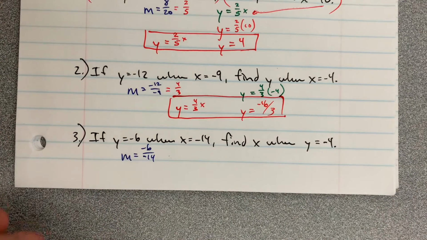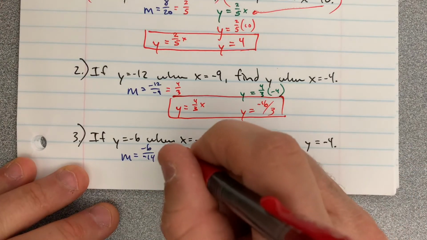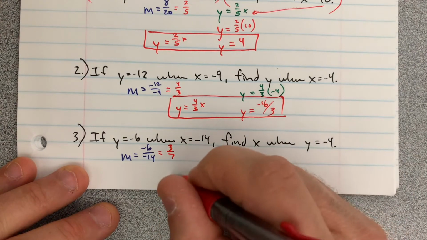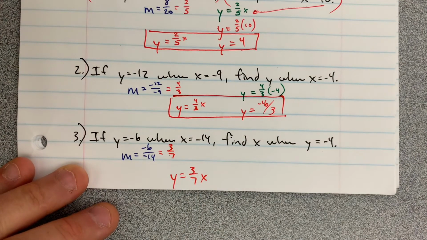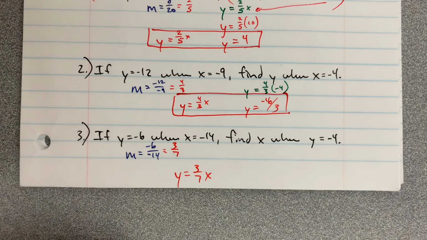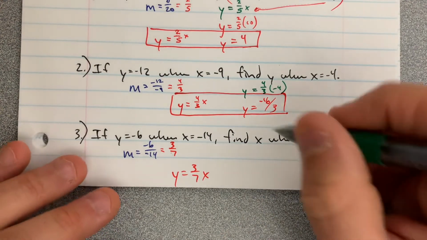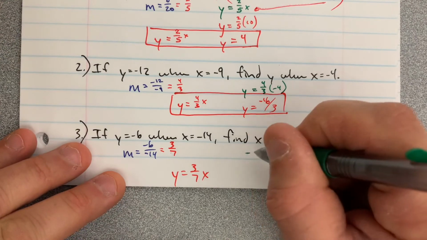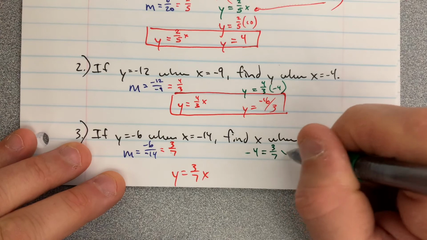I'm going to simplify that. Negative divided by negative is a positive, and that becomes 3/7. So y equals 3/7 x. That's one answer. We're going to find x when y is negative 4, so I'm going to plug in negative 4 for y. Negative 4 equals 3/7 x.